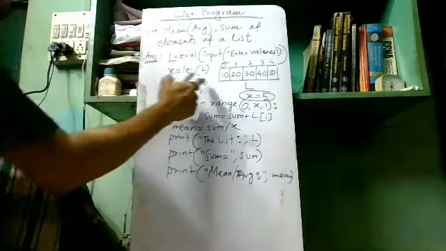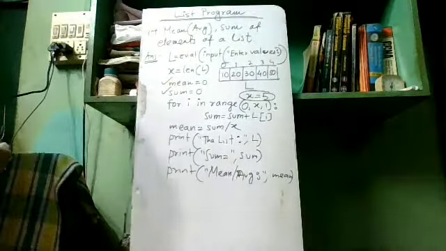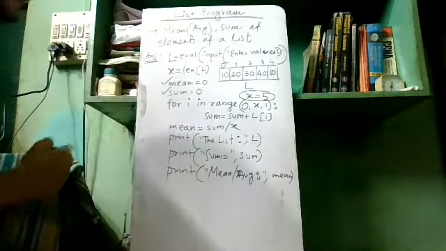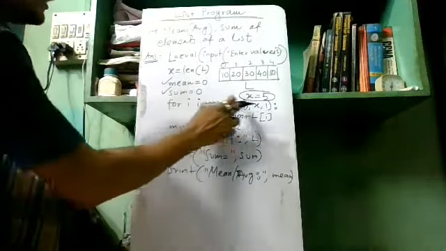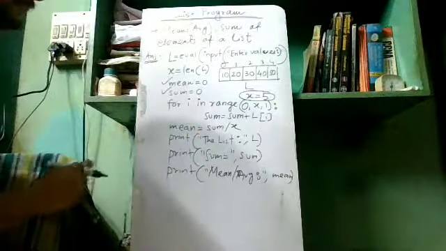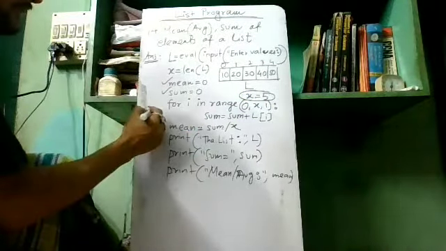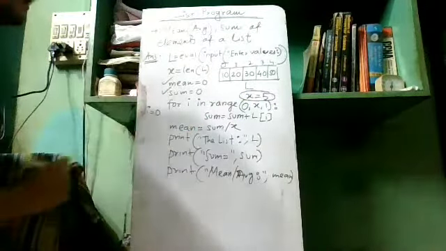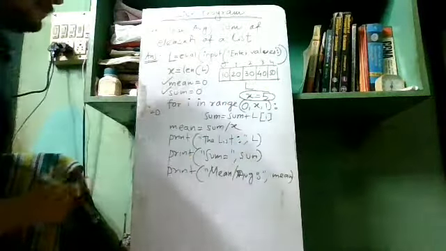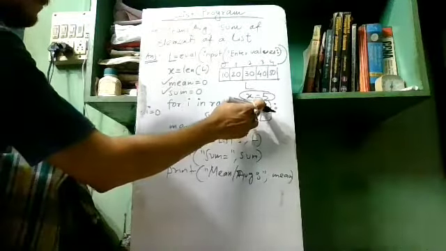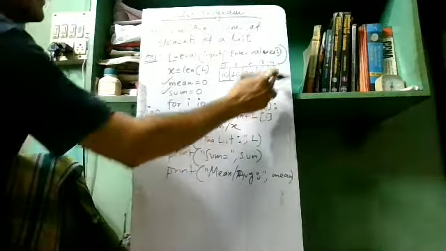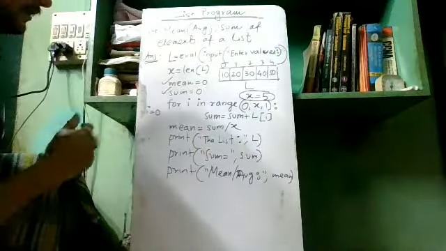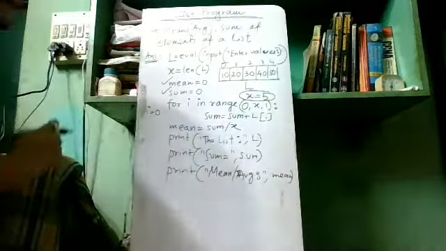Both variables I have given 0 to initialize. I have started a for loop for I in range 0, x, 1. That means I will start from 0. What is the value of x? 5. So I will go up to 5 minus 1, that means 4, that means the last index. And I will be incremented by 1. So I am running the loop.